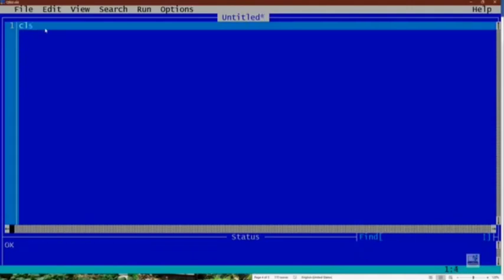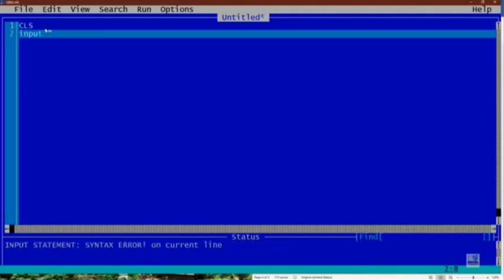First is CLS, input, enter, type of room. There you mention 1 means premium, comma, 2 means deluxe, and 3 means ordinary.